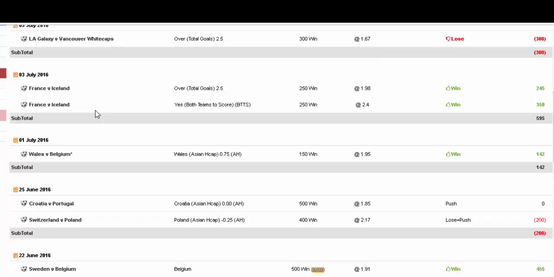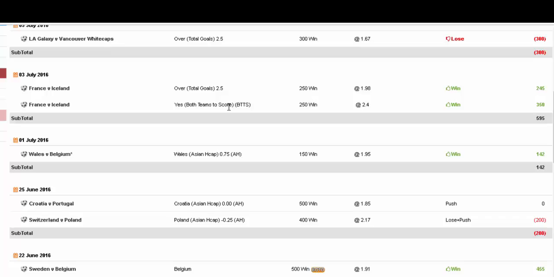This was a lovely one. In fact, I'm surprised I didn't bet more, because Iceland had scored in every game, I mean, for the last 12 games. And France had been scoring very well also. And Iceland had tended to concede. So the fact that you were getting better than evens odds for this was silly.